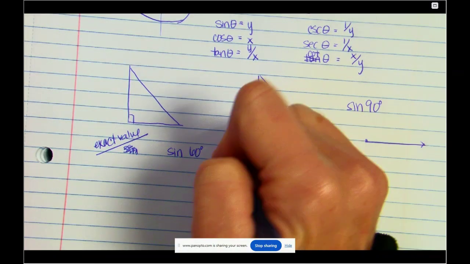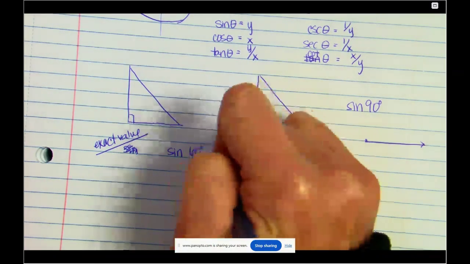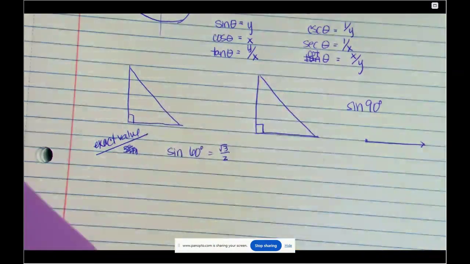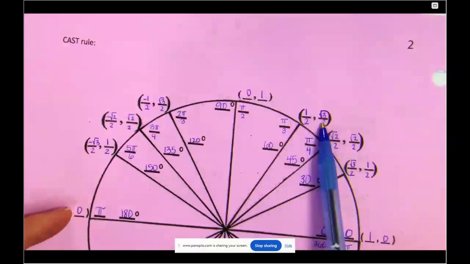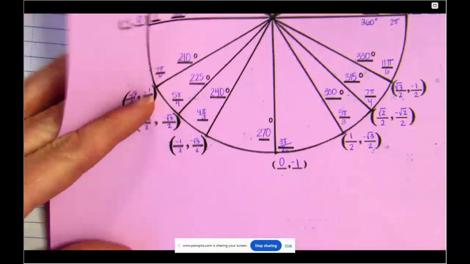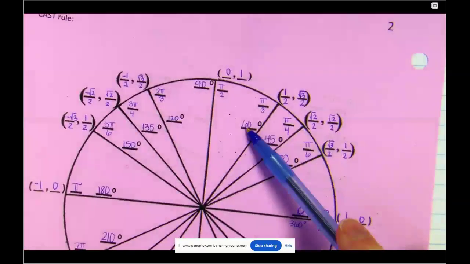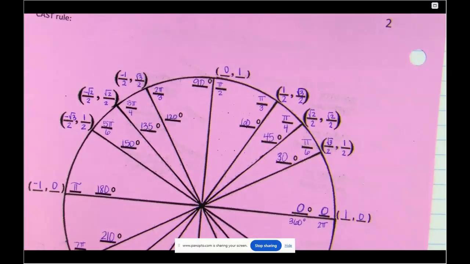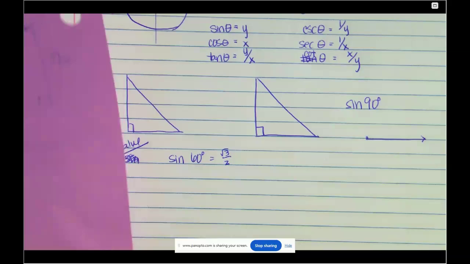Oh, I didn't hear the 3. I just saw you said square root of 2, and I was like, that's not even on here. Square root of 3 over 2 is correct. Sine is y. That's what it says down here. 60 degrees, y value is square root of 3 over 2. So do not panic when you see these. These are not difficult. Okay?